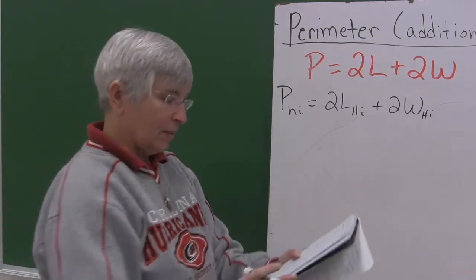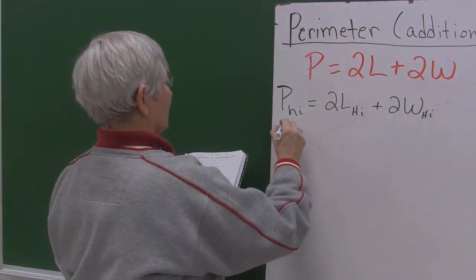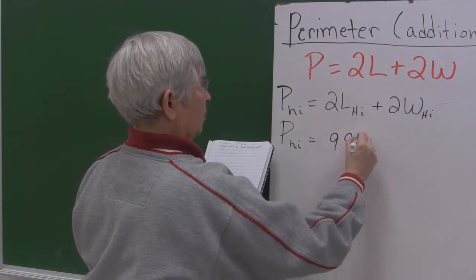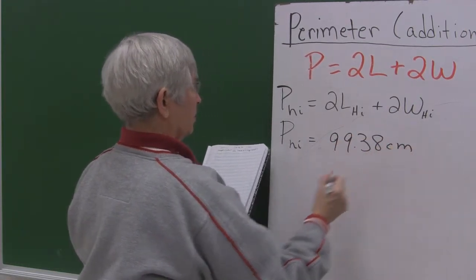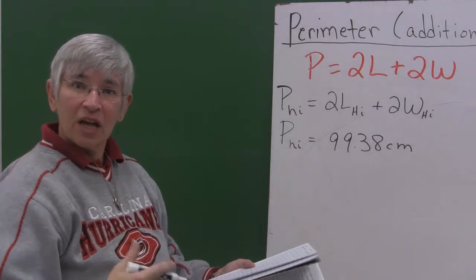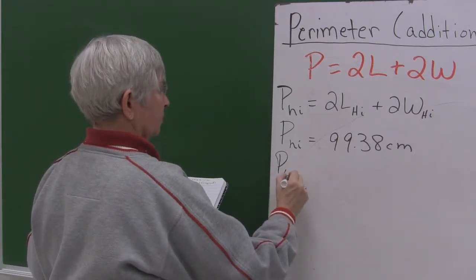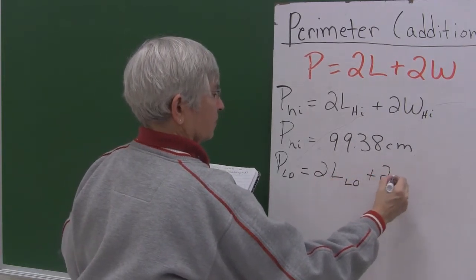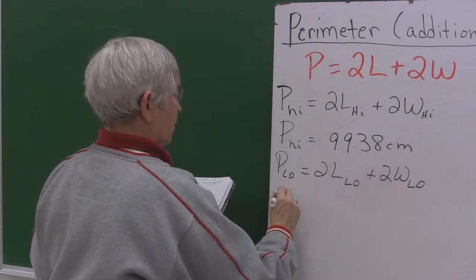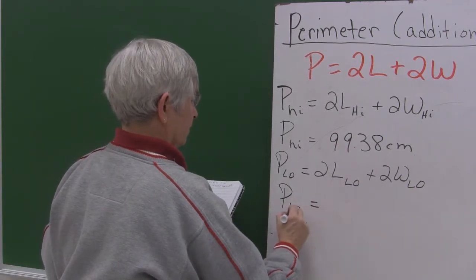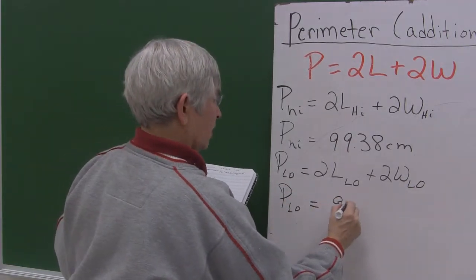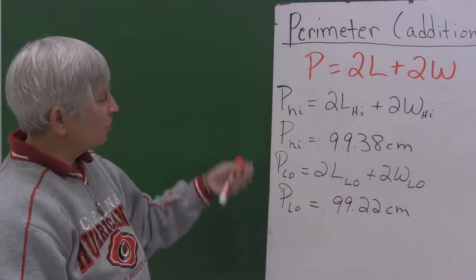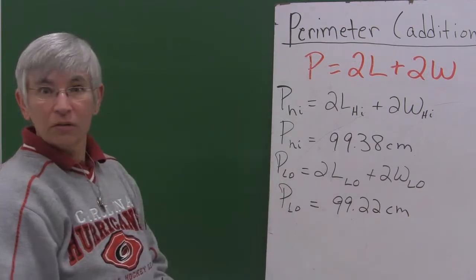And I always have to have paper, because otherwise I would not remember. So my highest value would be 99.38 centimeters. I can do the same thing for the lowest value. And when I calculate that out, 99.22 centimeters. So I have a range of values where my calculated value should reside.